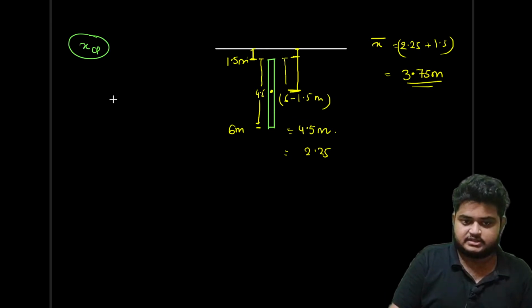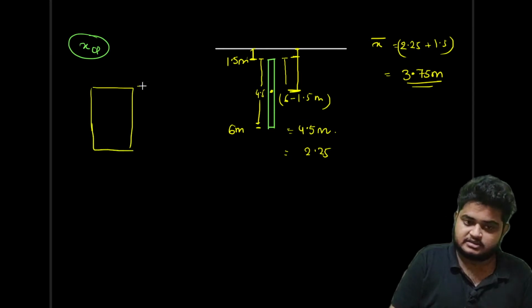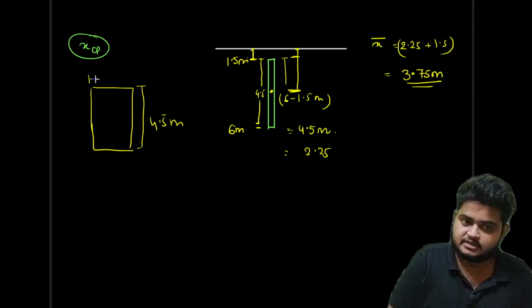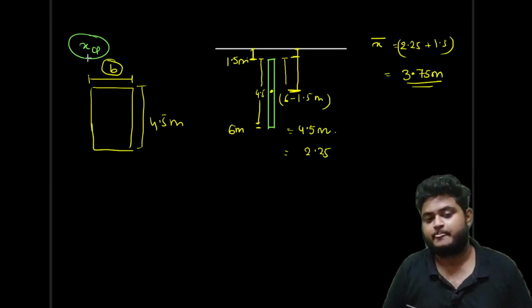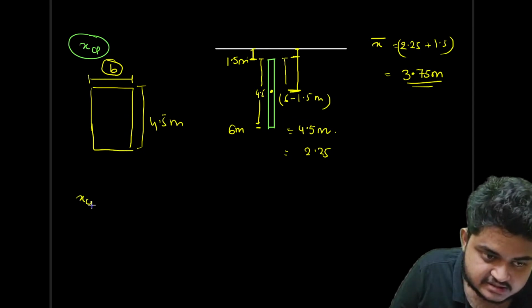Now the area of the rectangle, this is 4.5 meter, it is given to us, but this is not given, so let us take it as B. Okay, now let us calculate the XCP.